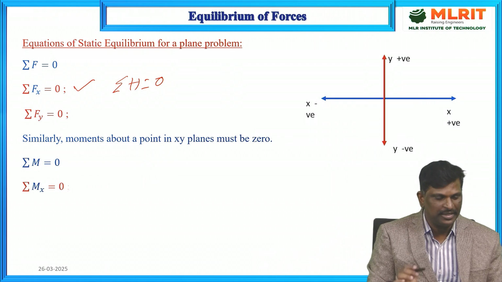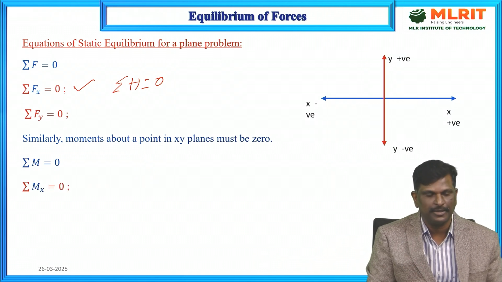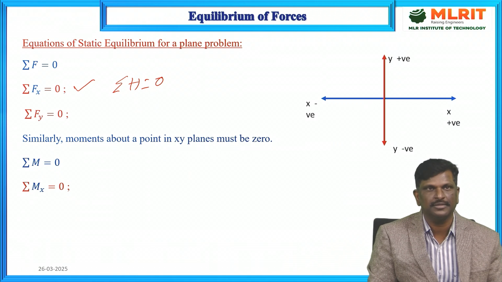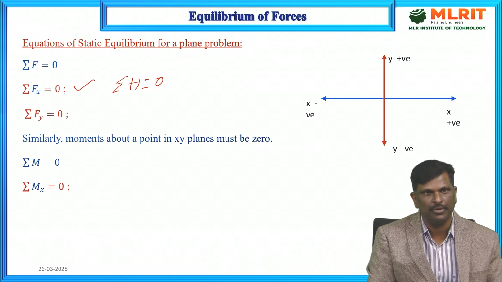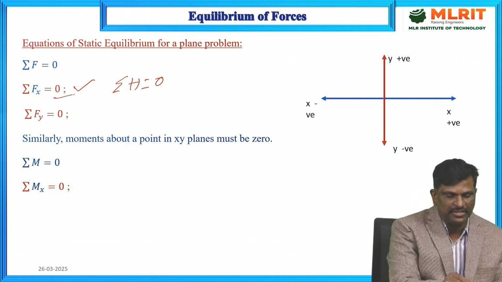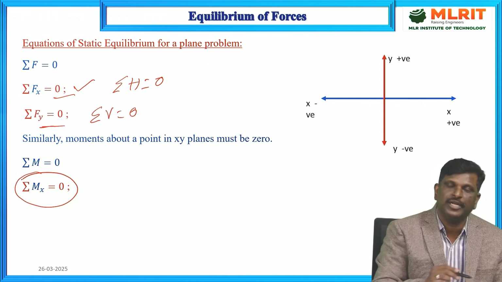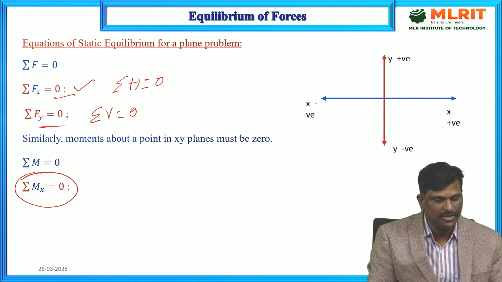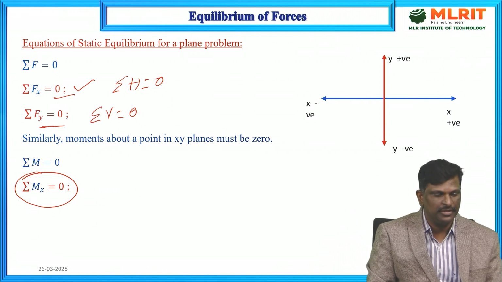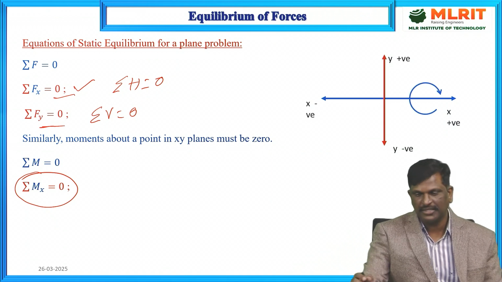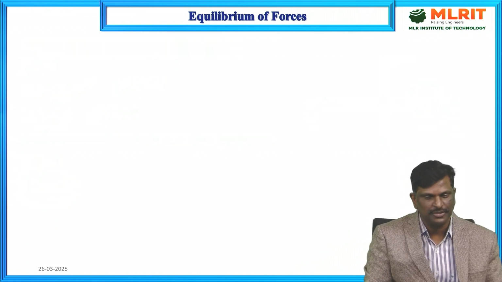So there are only 3 equations for static equilibrium for a coplanar system of forces or plane problem. Generally, we will write this equation as sigma V equal to 0. Sum of moments about a point in the plane must be 0. These 3 equations are equations of equilibrium for a plane problem. Now, look at the conditions of equilibrium.